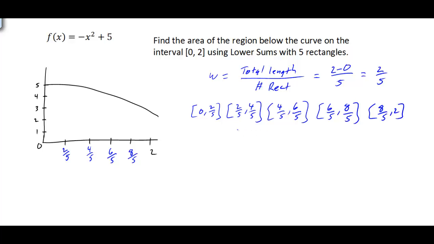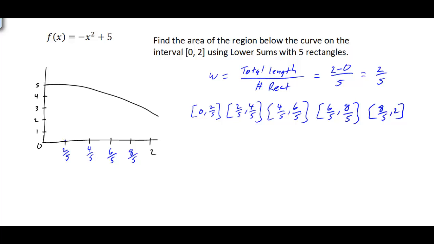All right, so here we have the left and right endpoints of our rectangles. Now, because we're looking at the lower sums, we're looking at drawing our rectangles below the curve. So with this problem, if you notice, if we were to draw up from 0 and over, we're going to go above.